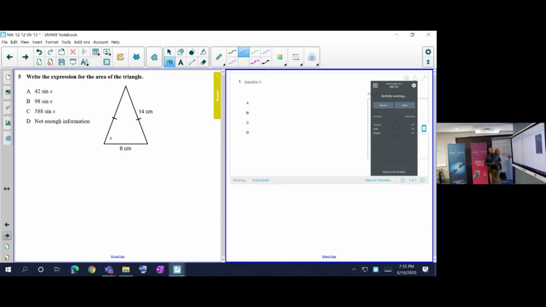In this particular question, it says write the expression for the area of the triangle. So you have a triangle that is given, and I want you to decide how you can solve this question. You are simply looking for the formula that would help us to find the area of the triangle. So I'll just give you 30 seconds.